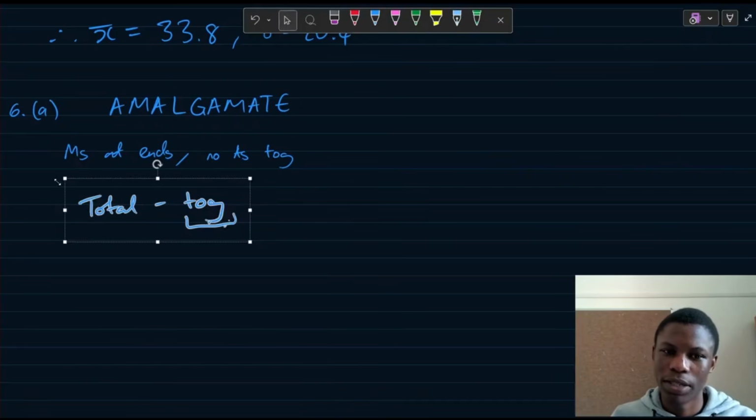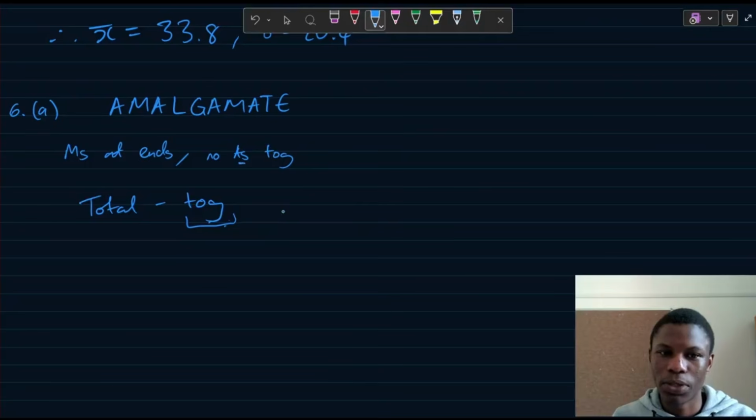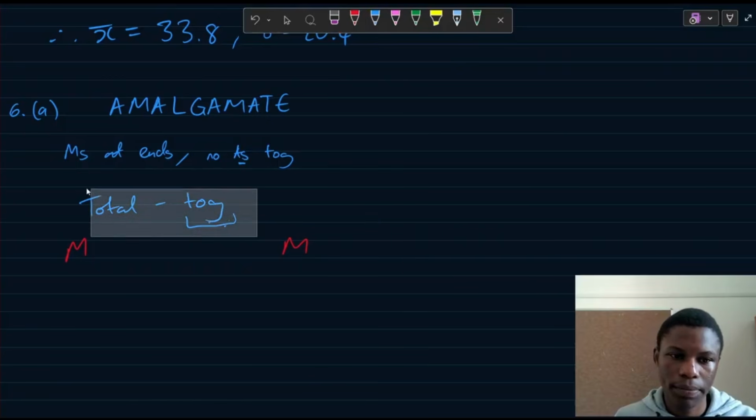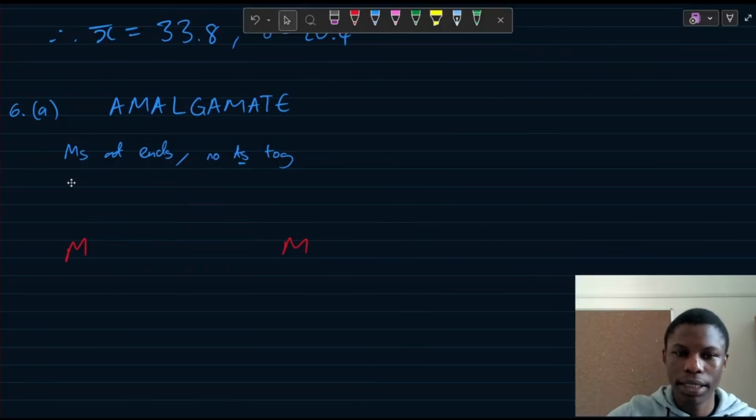The total minus together approach makes sense if the letters that are not supposed to be together, if there are only two of them, then that's pretty much the easiest way to go about it. But in this instance, what we want to do instead is we are saying that we want the M's at either end, right? That's the first restriction.